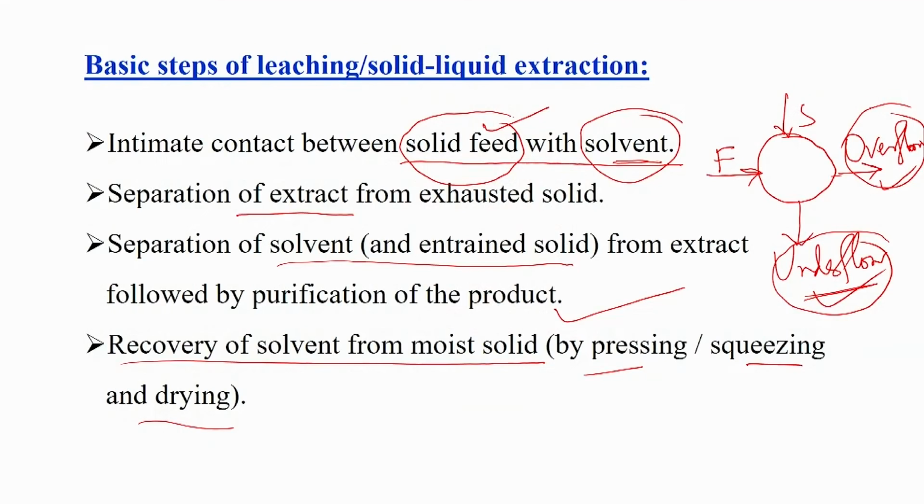Overflow is equivalent to extract, and underflow is equivalent to raffinate. Liquid extraction also follows these similar steps. There the last two steps were the recovery of the solvents from both the extract and raffinate phases.